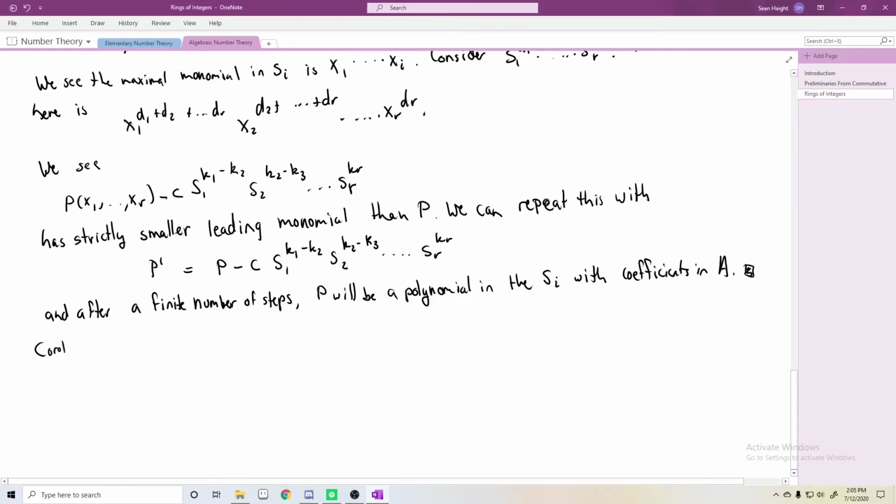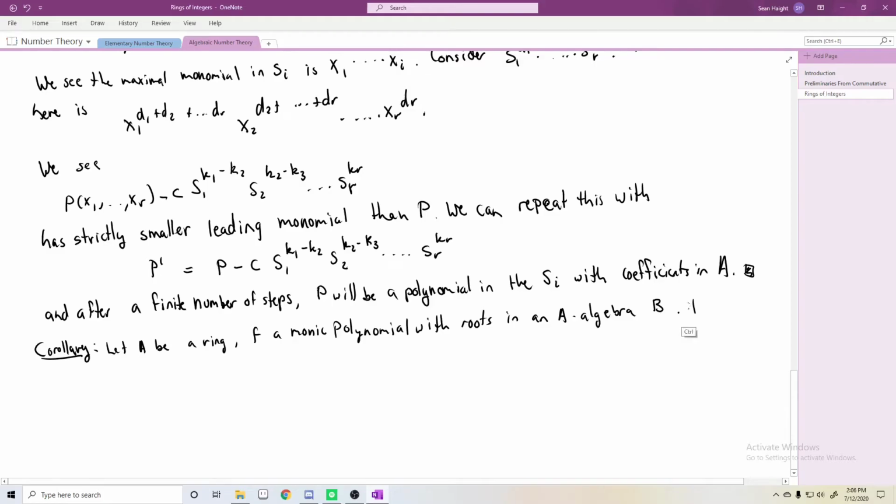The first corollary: let A be a ring, f a monic polynomial with roots in a ring B, with A as a subring.